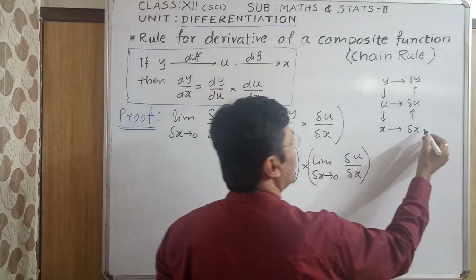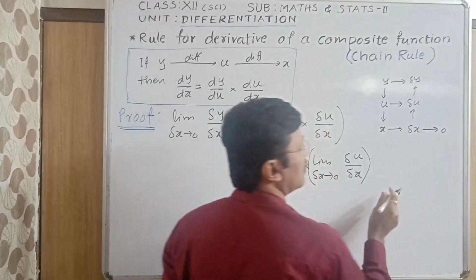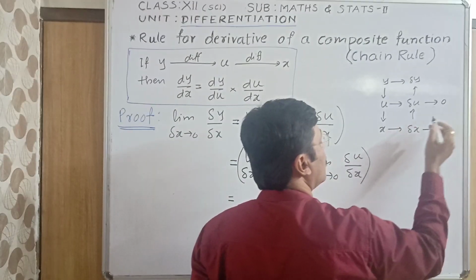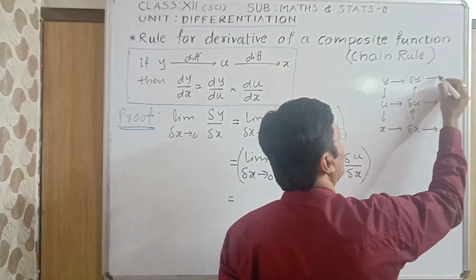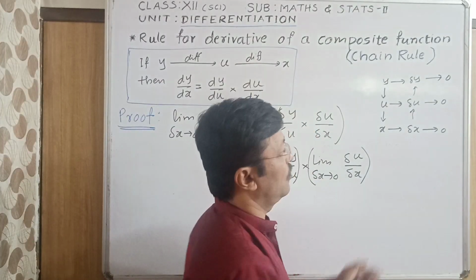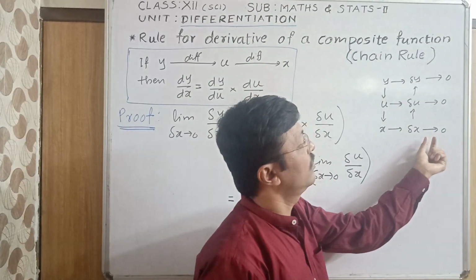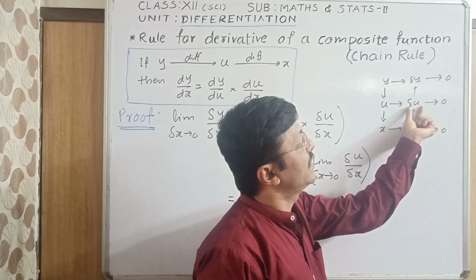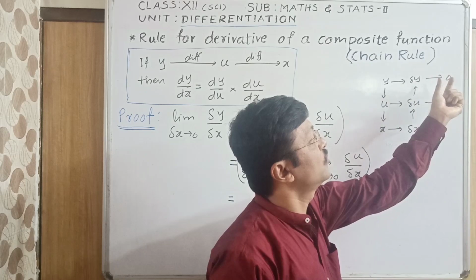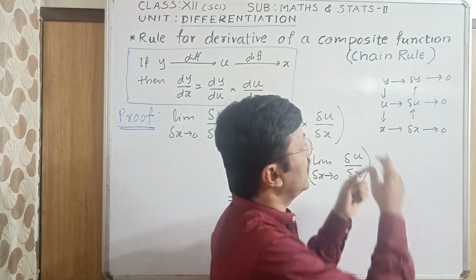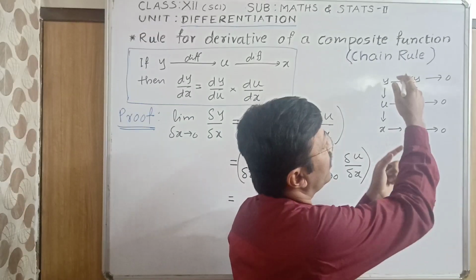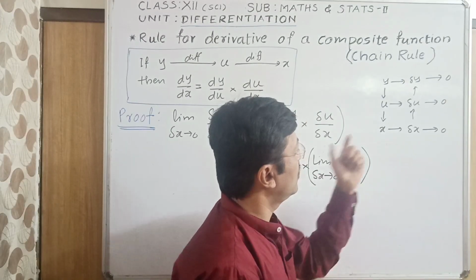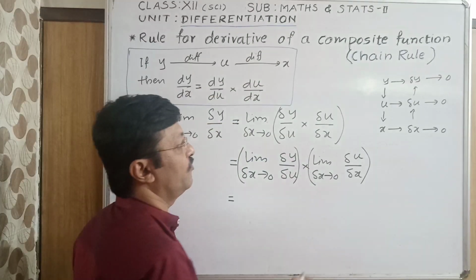If you take delta x very small, delta u will also be very small, and delta y therefore will be very small. So if delta x tends to 0 is the condition you take, then correspondingly delta u will also tend to 0 and delta y will also tend to 0, because delta u and delta y depend on delta x.